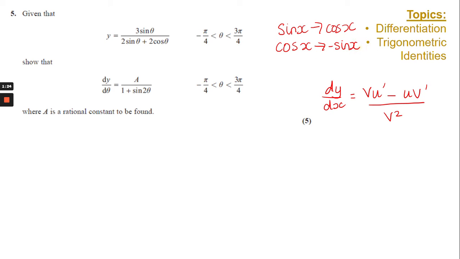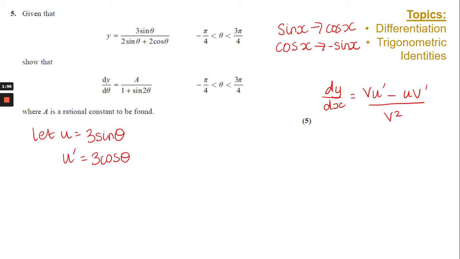So these will be useful identities that will help us for this question. So let u equal the top half, so we get 3 sine theta. So u dash, or du over d theta, is going to give me, differentiate this, 3 cos theta.